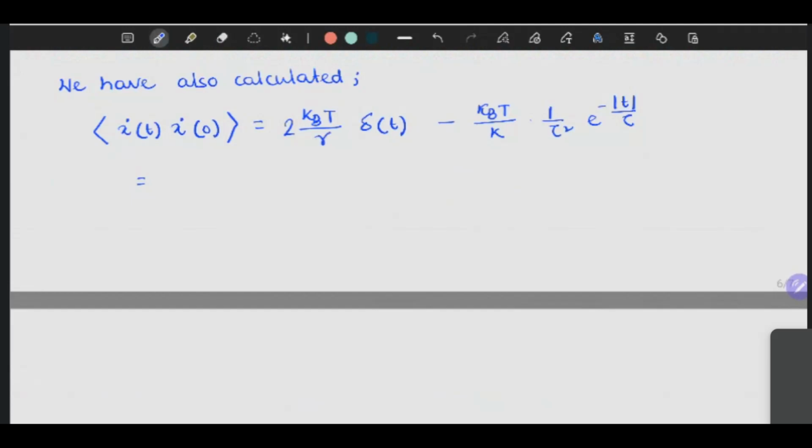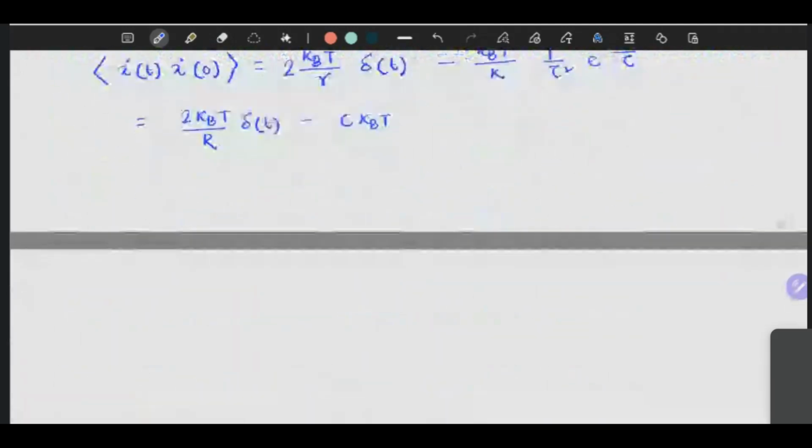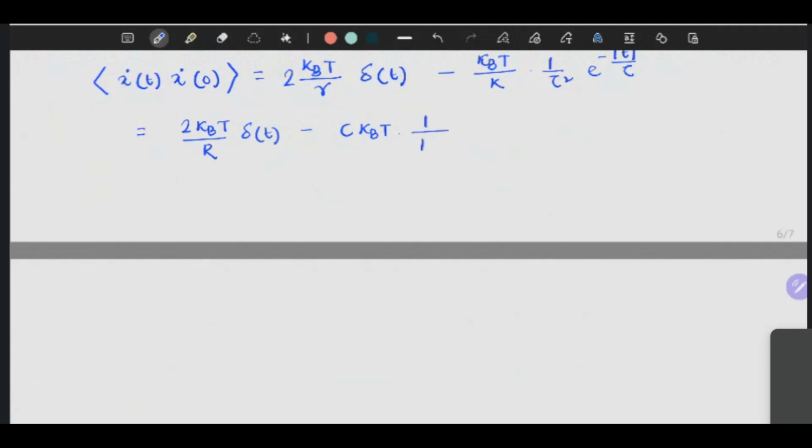So kBT by gamma means 2 kBT by r delta t, minus kBT by k is c, so c times kBT times tau square means rc, so 1 by rc whole square into e to the power minus mod of t by tau.